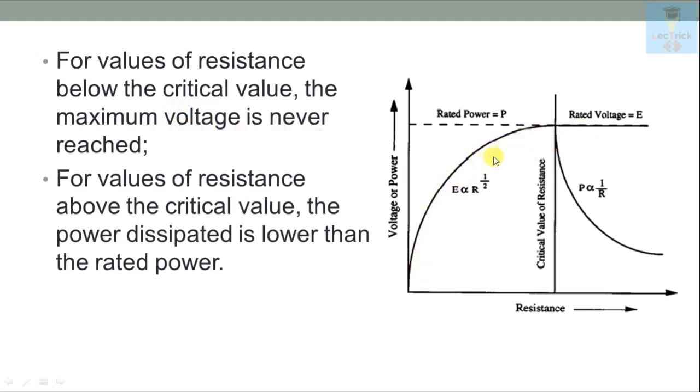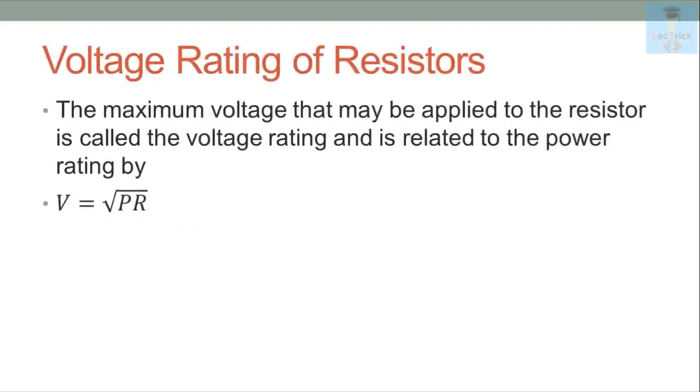At the critical point only it will reach it, and above the critical value the power dissipated is lower than the rated power. So at the critical value point only you will achieve rated power and rated voltage. Through this graph you will easily understand.